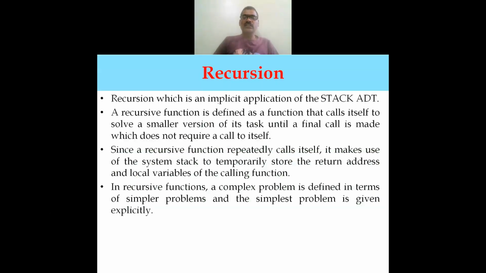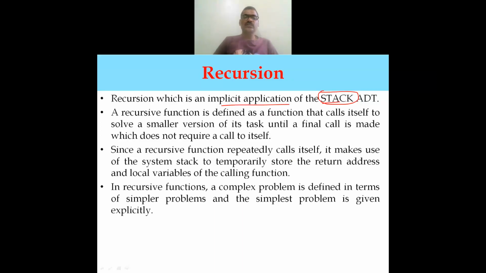So what do you mean by recursion? Recursion is an implicit application of the stack. Whenever we are writing a recursive function, the stack data structure is implicitly used, so you need not worry about implementing the stack operations within the program.